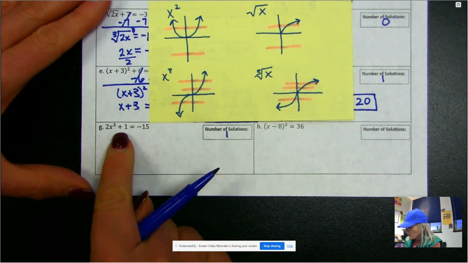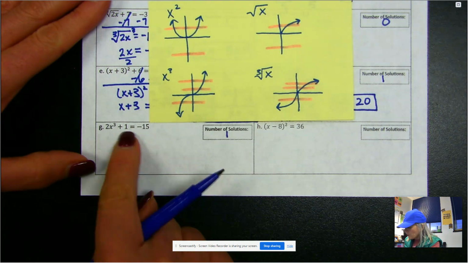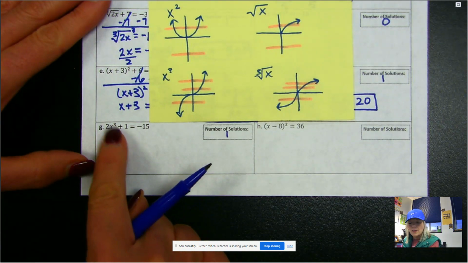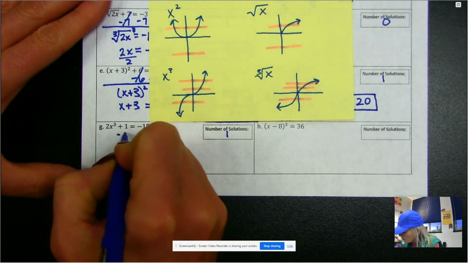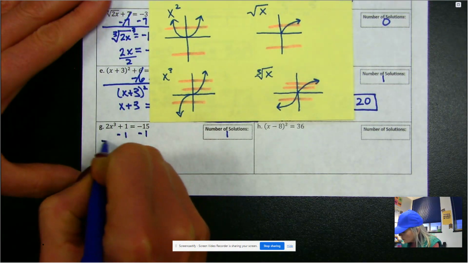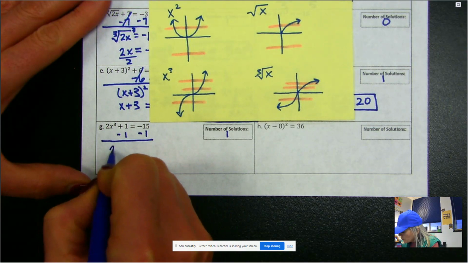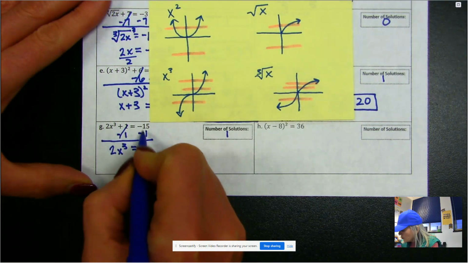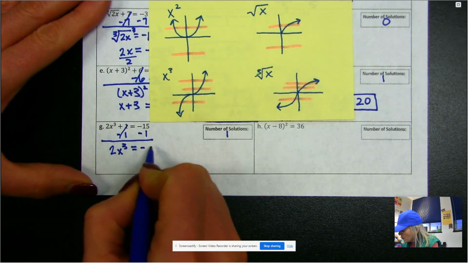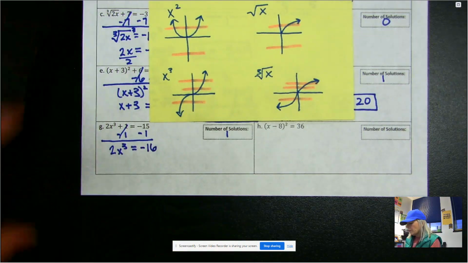So the first step is to subtract the 1 from both sides because we're trying to get this x to the third by itself. So subtracting the 1, and we have 2x to the third is equal to negative 15 minus 1 is negative 16.